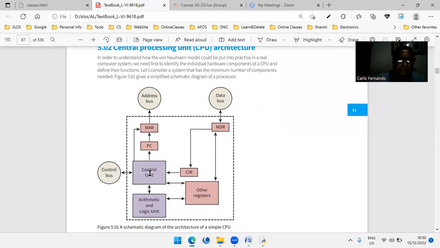The control unit, that is CU, and the arithmetic and logic unit, ALU. Very nice sounding term, no? The two units, CU and ALU, are in the CPU, right? Remember like that.